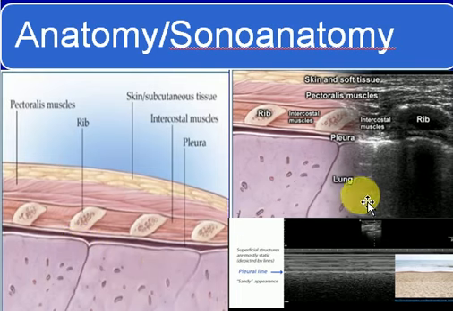Now going to the sonar: the first layer is skin and soft tissue, then pectoralis muscle, then the intercostal muscle, rib, the pleura, and the lung. By M mode, we find something called the seashore sign or sand beach sign. The lung sliding is the sand, this is the pleural line, and this is the sea and horizon.